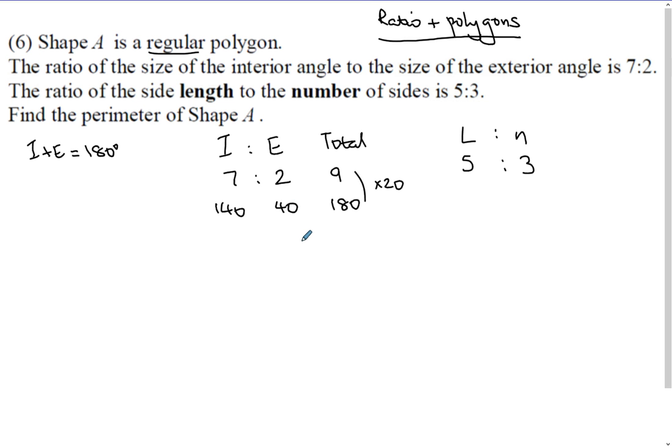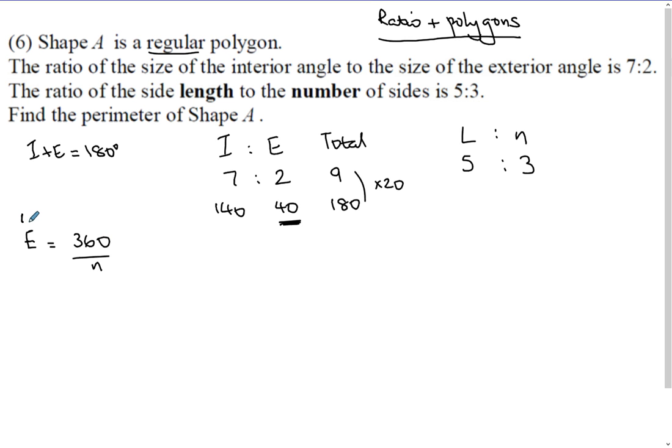Okay, good. We've got our exterior angle being 40. So if we want to find the number of sides, there's a formula, which is my favorite formula for polygons: the exterior angle equals 360 divided by the number of sides, because all exterior angles add up to 360.